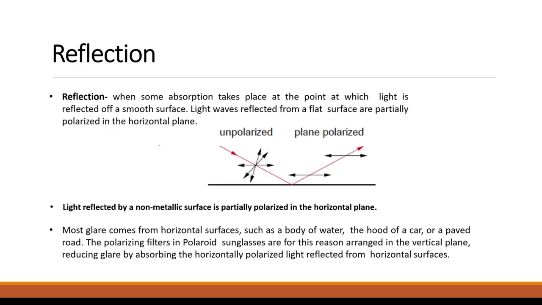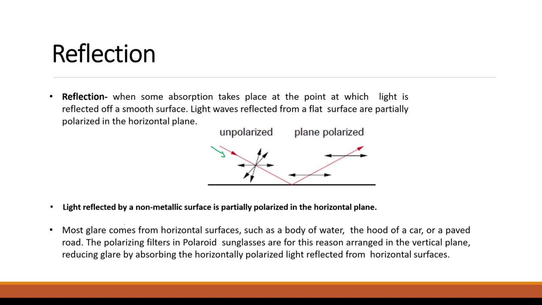So another way is reflection, when some absorption takes place at the point at which the light is reflected off a smooth surface. These light waves reflected from a flat surface are partially polarized in the horizontal plane. So they come in incidentally as unpolarized waves in all directions, reflect, and become partially polarized in the horizontal plane.